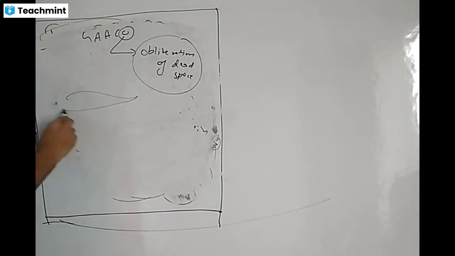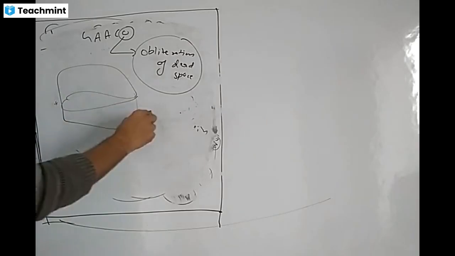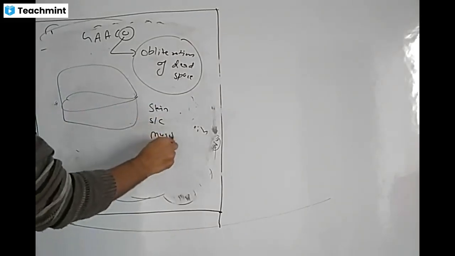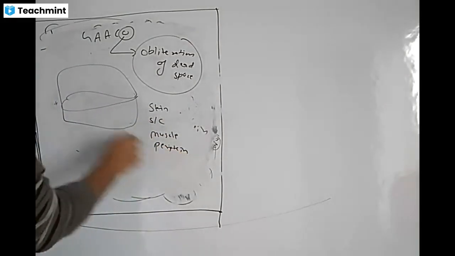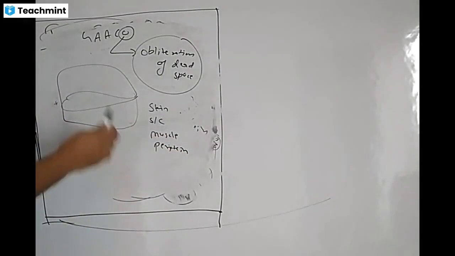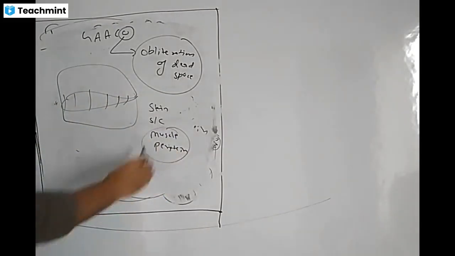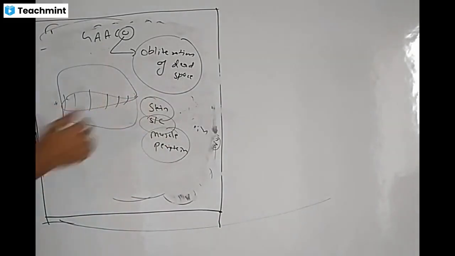Suppose you have opened the abdomen, you have cut the skin, subcutaneous tissue, muscle, and then peritoneum, and you enter into the abdominal cavity. While closing the abdominal cavity, first we close muscle, peritoneum, subcutaneous tissue, and at the end skin.